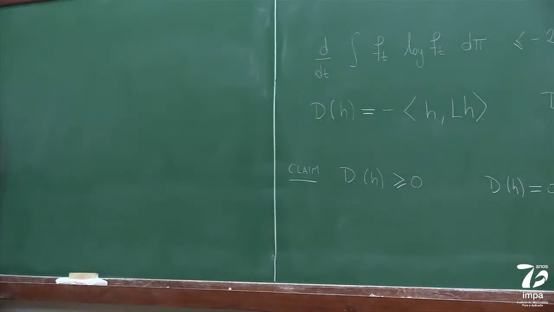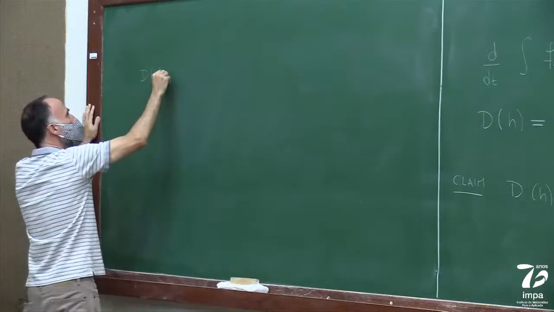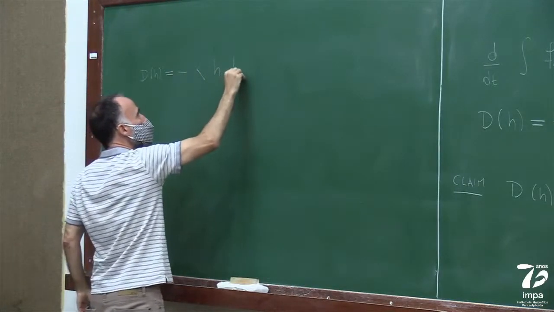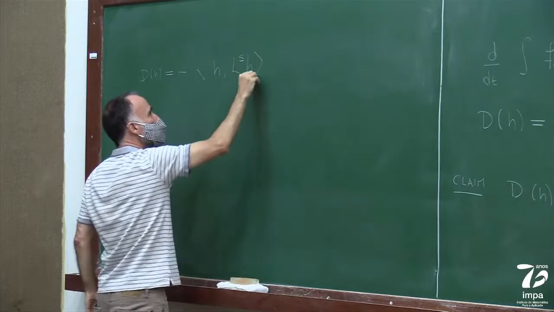Because the Dirichlet form of h is minus h, the symmetric part of h.